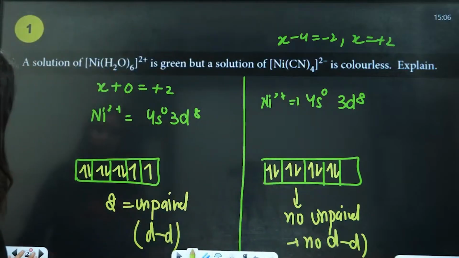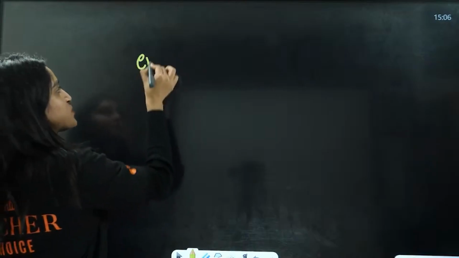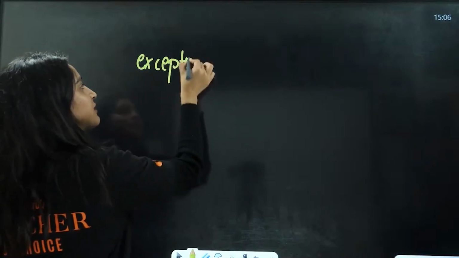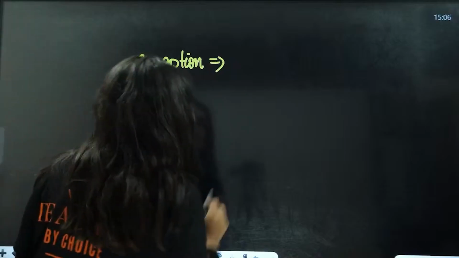There is one exception here. I am writing here one exception. That is why KMnO4 shows color. What is the reason? Anyone?